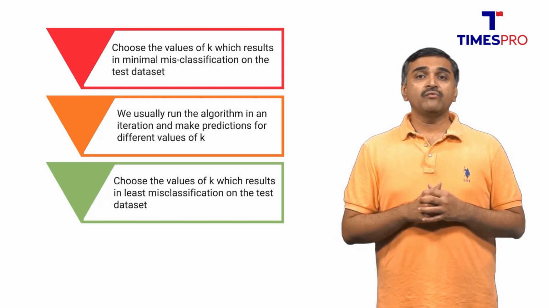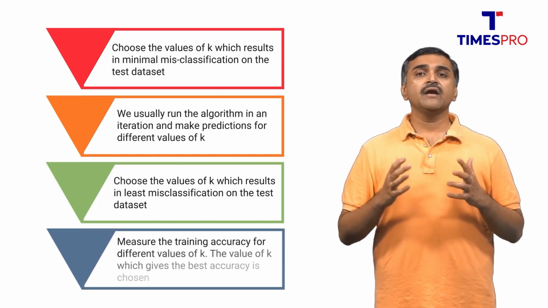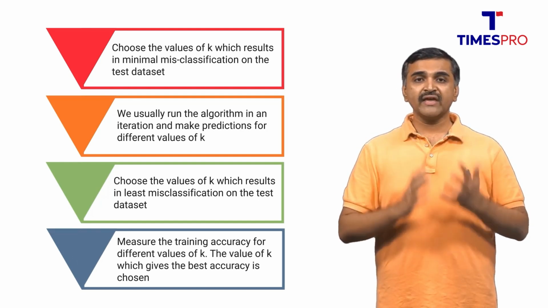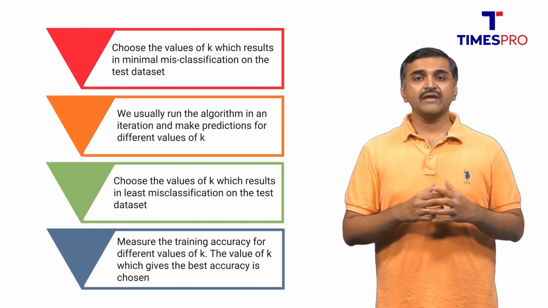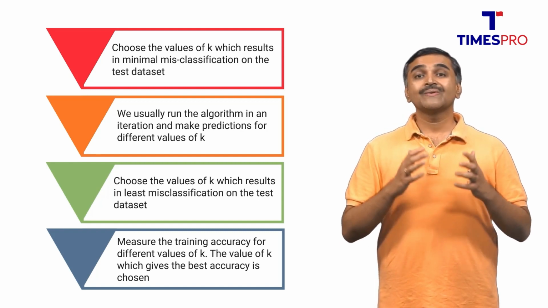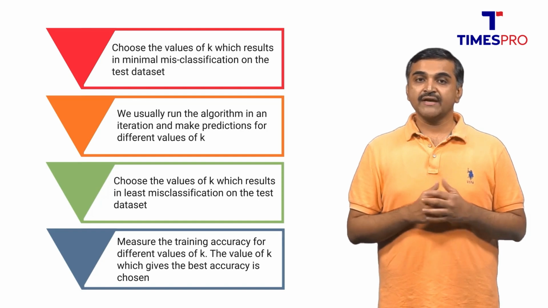Another strategy would be to measure the training accuracy itself for different values of k, and the value of k which results in the best training accuracy is chosen to make predictions. So that's how the value of k is decided.